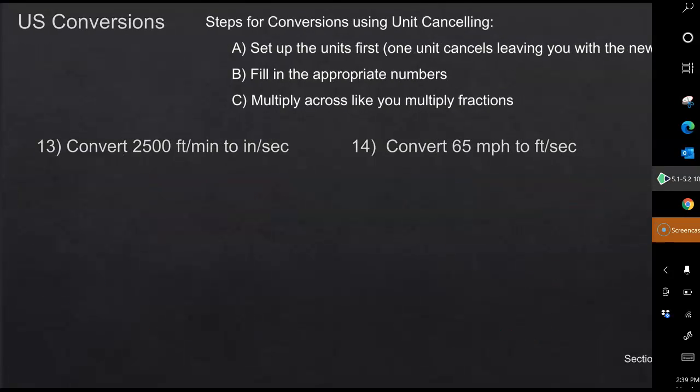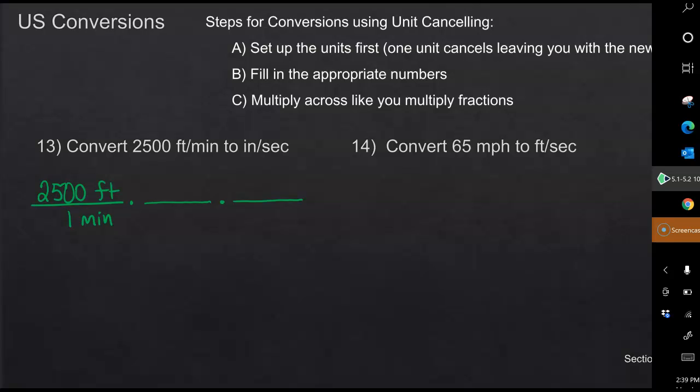Okay, so on this we're converting 2,500 feet per minute to inches per second. So this is going to take 2 conversions. We start out with 2,500 feet in 1 minute. It's important that you write it this way, feet per minute. We're going to multiply that then by two different things so that we can get it completely converted.